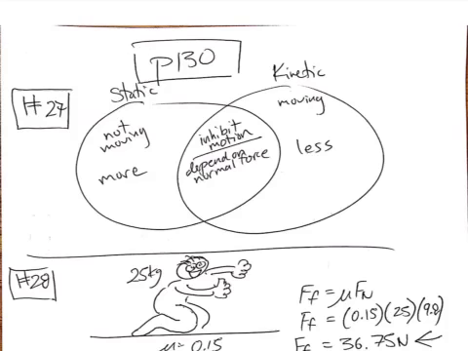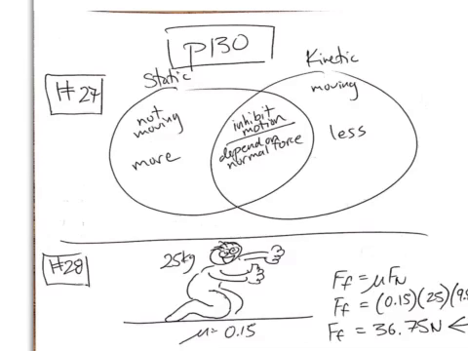Alright, lastly but not leastly, haha, don't tell your English teachers that, we have the similarities and differences between static and kinetic friction. So here's my Venn diagram. Both inhibit motion, meaning the frictional force will be opposite the direction of motion, or opposite the direction of the push.